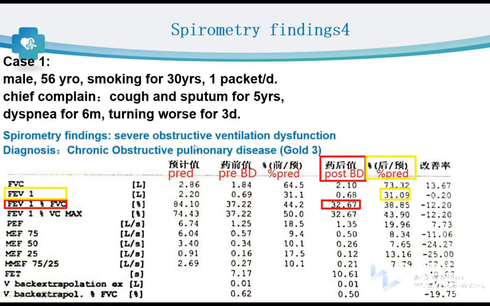And finally, we can conclude that the spirometric findings shows the severe obstructive ventilation dysfunction, and the diagnosis is that chronic obstructive pulmonary disease, GOLD 3.